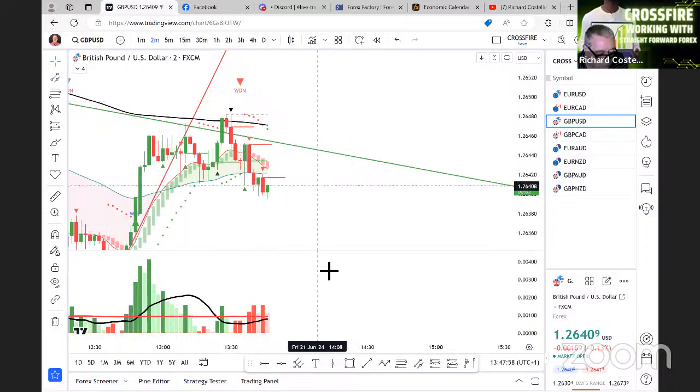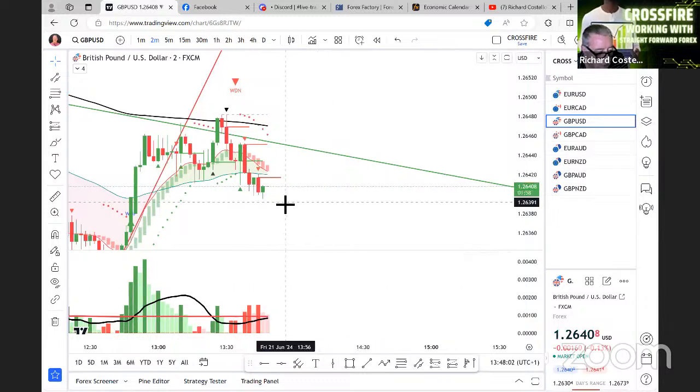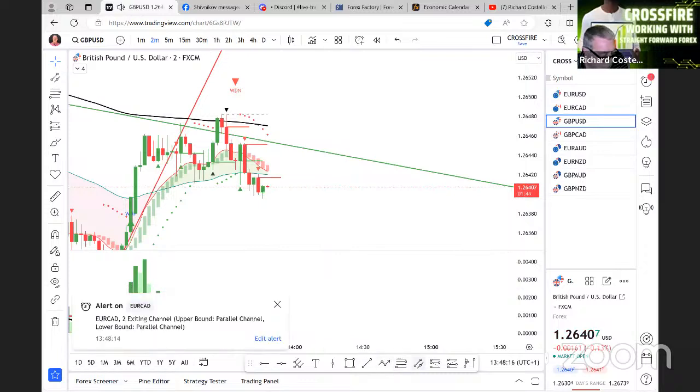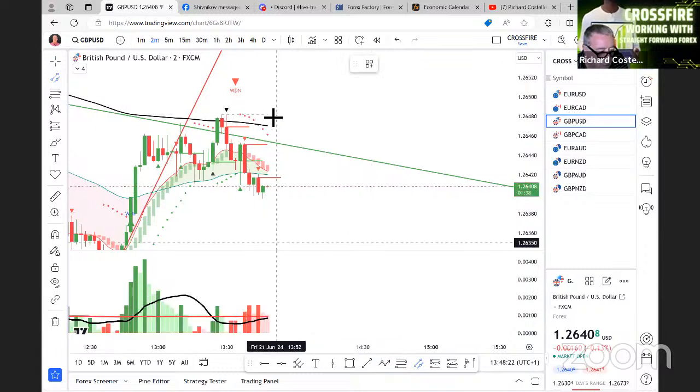So I'm going to put my channel, it doesn't need to be too far below where it is now because I'm literally just waiting for this scenario. I'm also waiting for this to get into my favor. But if I was going to set an alert, I'm going to have a look at that. I need price to get above that green line there for a buy.